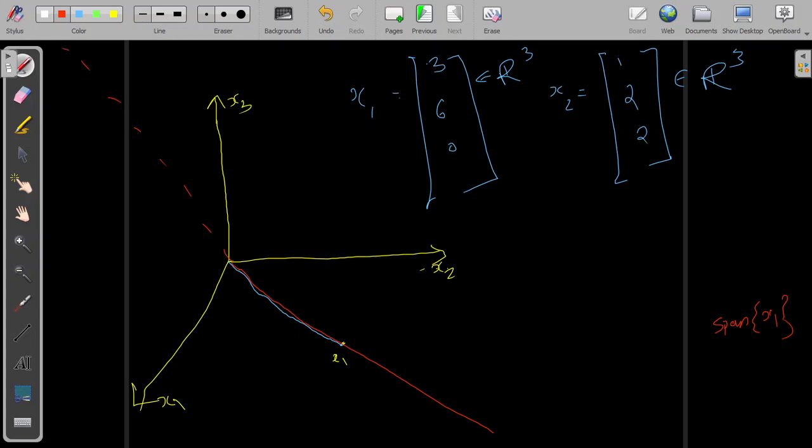Now I have to mark x2, that is 1 2 2. 1 2 2 means that it will be somewhere in the 3D space, right? So it is like this. This is the x2 point, and this is my x2 vector.